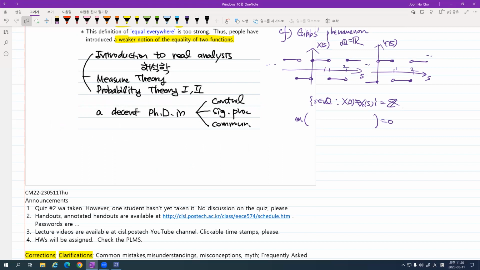Even though last time I took this example to talk about x and y being different functions that are almost equal, here what we are going to do is consider the Fourier series representation of this x of s or y of s, and you know how to compute it.